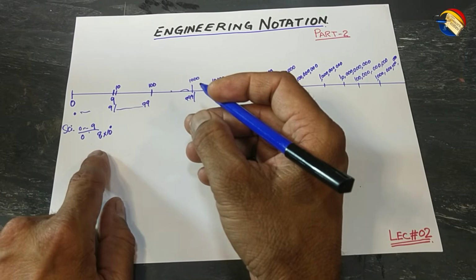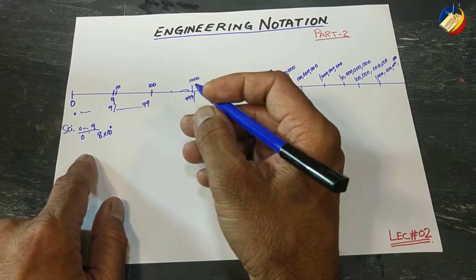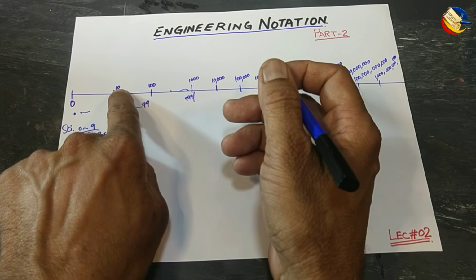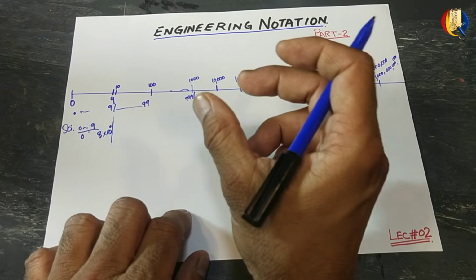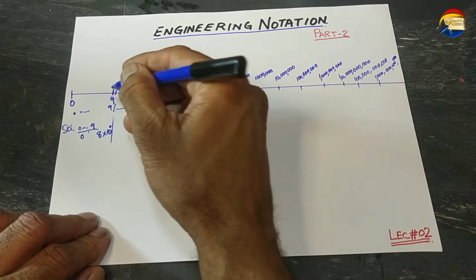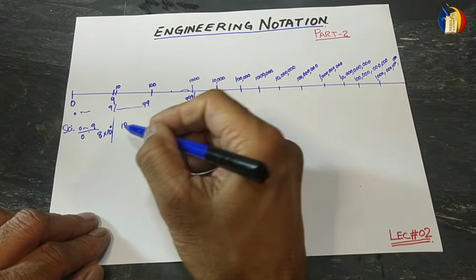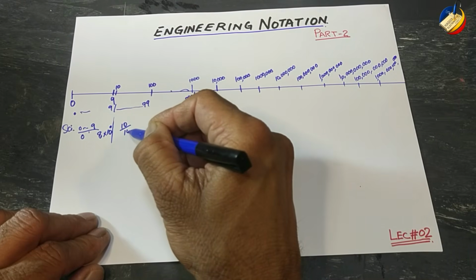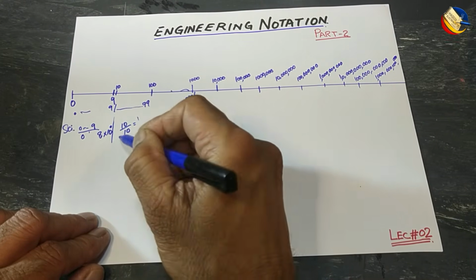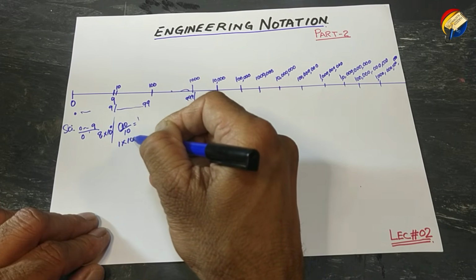3 × 10 raised to the power 0 is 3 into 1, 3. If we divide 10 by the base 10, that is equal to 1. That means if we have 10 divided by 10, it is dividing one time. So the base number will be selected 1 × 10 raised to the power 1.